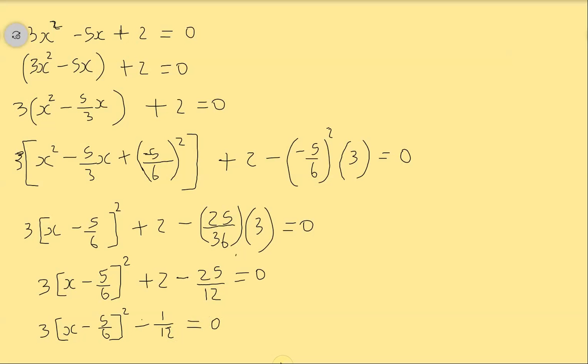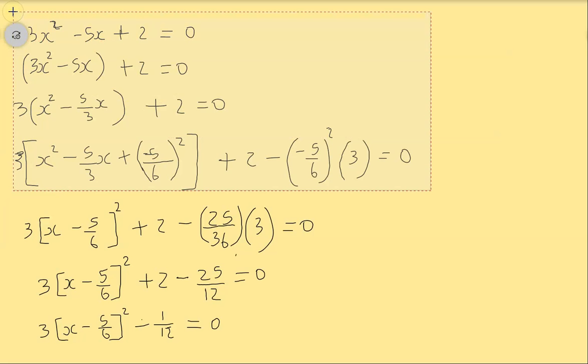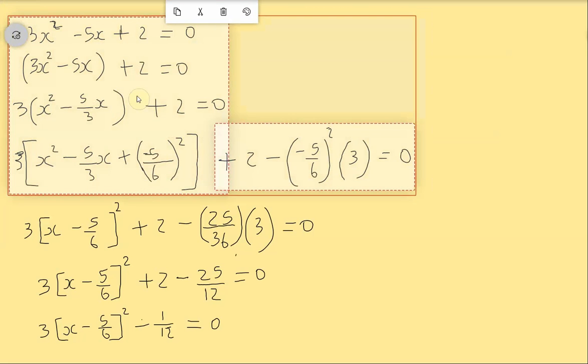If you want, you can look over subtracting fractions, or subtracting whole numbers and fractions, just to get a refresher. Alright, now I'm just going to erase the top part so I can have some more space. Good.